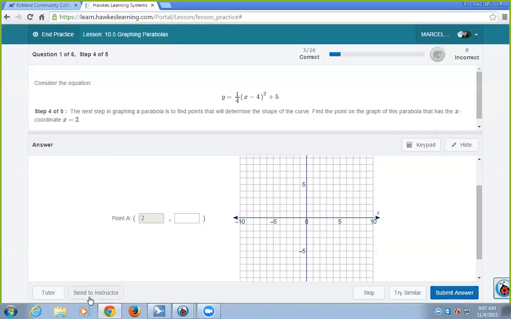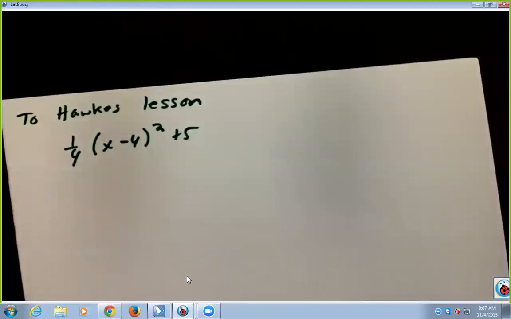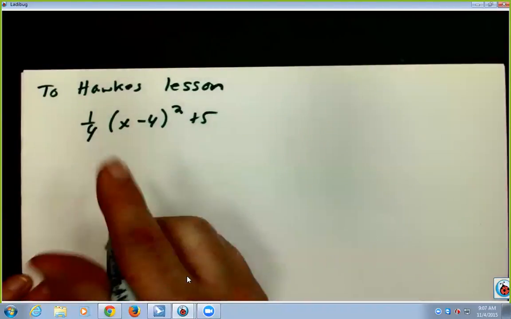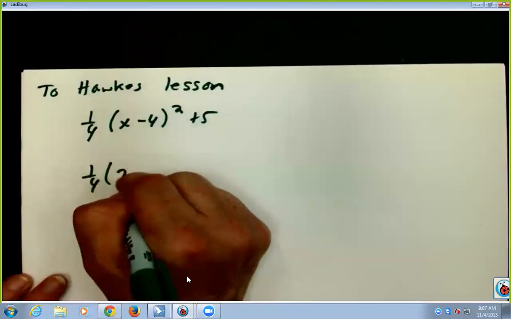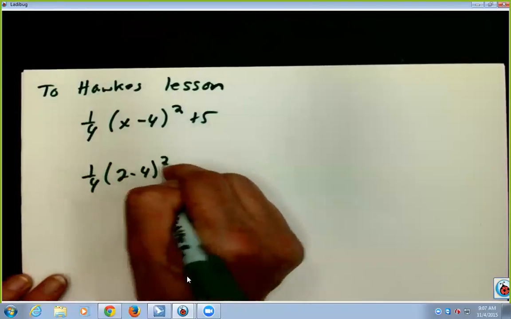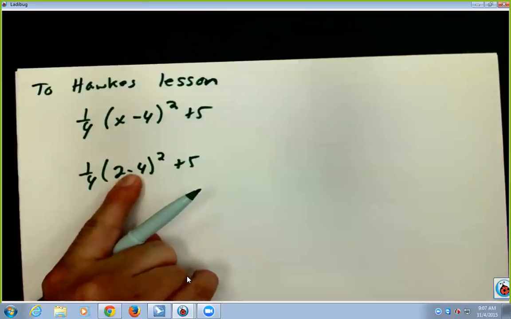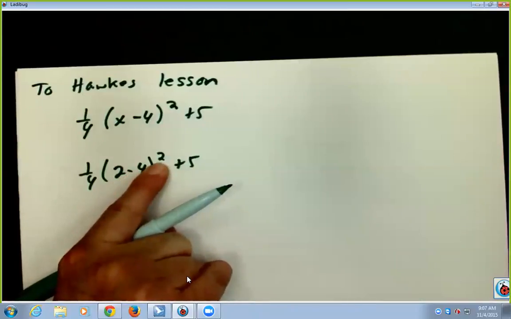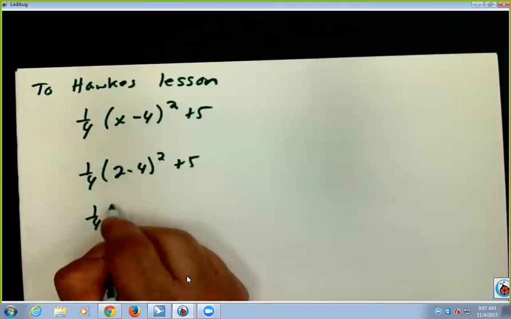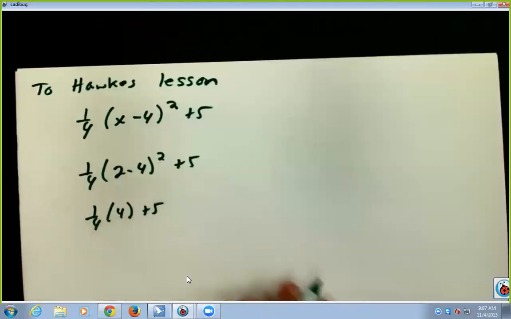What that would mean is that we would go over here and replace x with 2. So 1/4 times (2 minus 4) squared plus 5. So 2 minus 4 is -2. -2 squared is 4. So 1/4 times 4 plus 5.